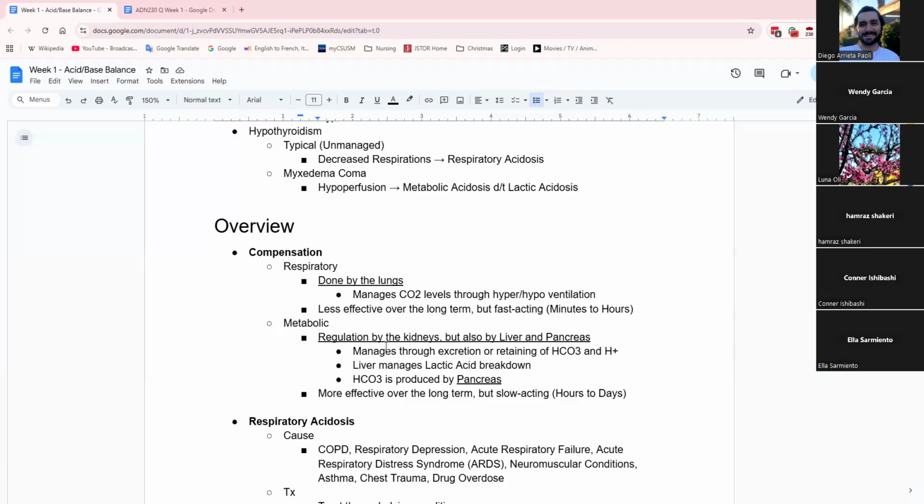This metabolic pathway of compensation is a lot slower, but it is more effective in the long term because it's making relevant, larger scale changes in the body as opposed to the band-aid that's being done by the lungs.